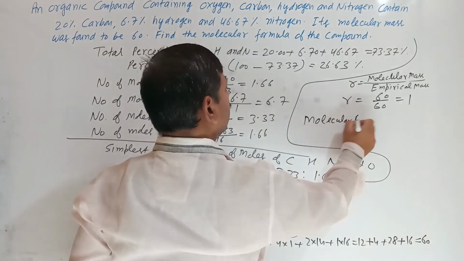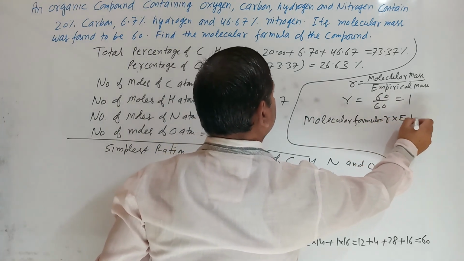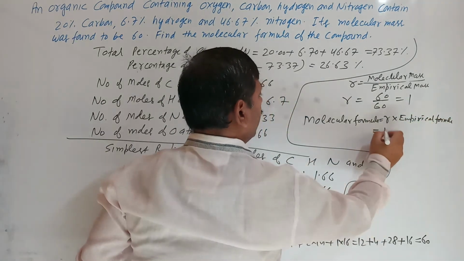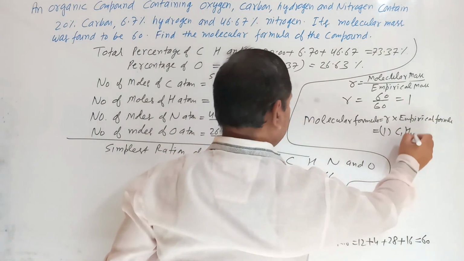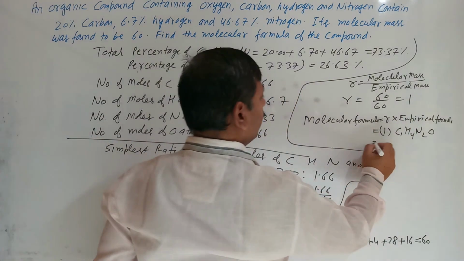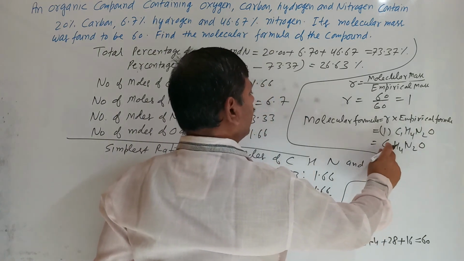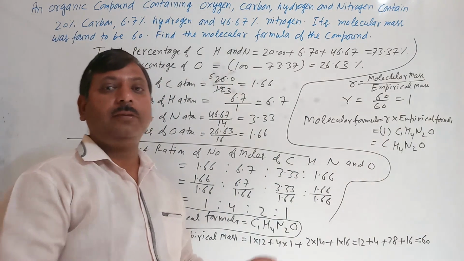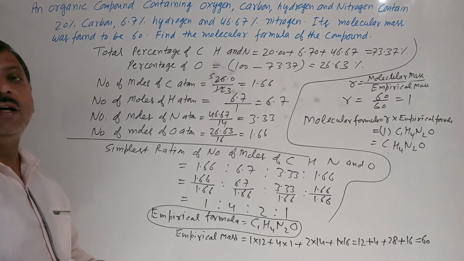Molecular formula is R into empirical formula. R is 1, and the empirical formula is C1H4N2O. The molecular formula of that compound is CH4N2O. So this is the molecular formula of that organic compound.